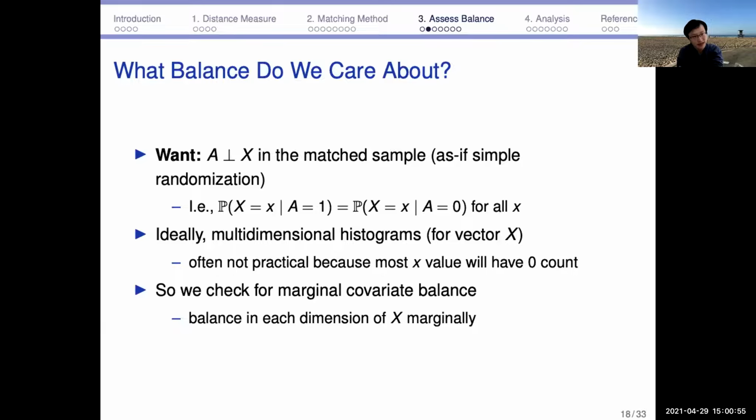I want to point this out because checking for marginal covariate balance does not imply this independence. You may still have some weird situation where marginally they're independent, but jointly the variables are not independent. But anyway, this is what people usually do in practice. So check balance in each dimension of X marginally.